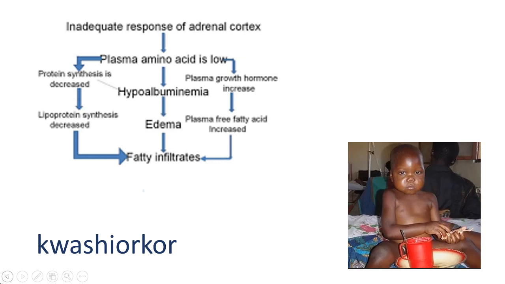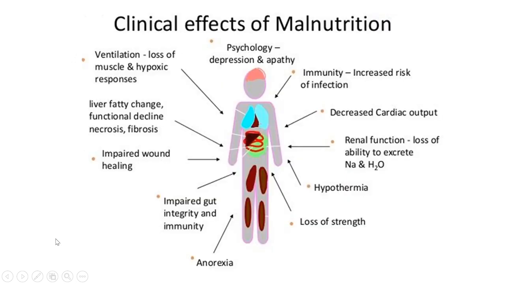But gluconeogenesis doesn't activate, and the organism can't use these free fatty acids. It leads to non-alcoholic fatty liver disease, or storage of fatty acids in hepatocytes, and we can see an extremely low level of amino acids and protein in plasma, which leads to low oncotic pressure and severe edema.